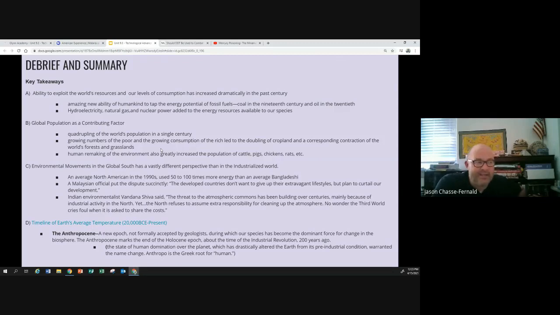Environmental movements in the global south have a vastly different perspective than in the industrialized world. The average North American in the 1990s used 50 to 100 times more energy than the average Bangladeshi. But you're not willing to give up a hamburger, and you are an advocate of environmentalism.